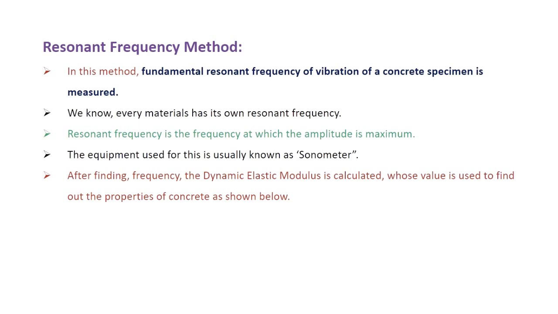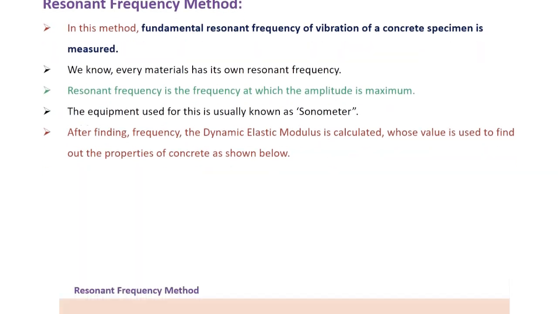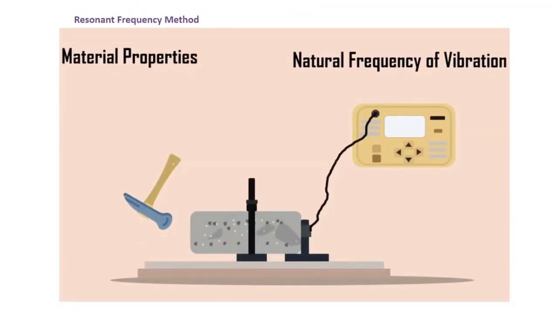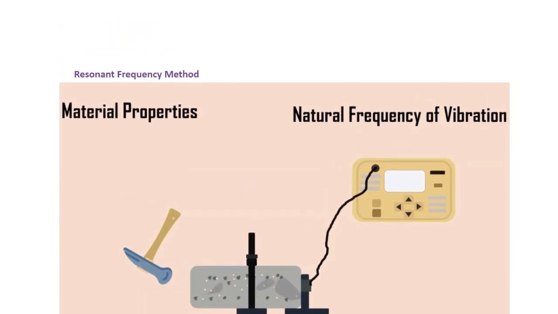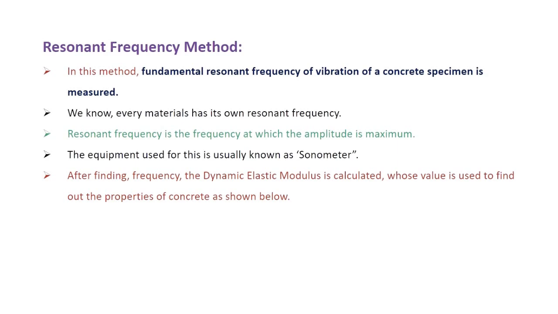What we are going to do is, we first try to vibrate the concrete member whose compressive strength is to be measured. When you hit it with something like a hammer, the concrete specimen is going to vibrate, and through the frequency at which it is vibrating, you are going to calculate the dynamic elastic modulus E.